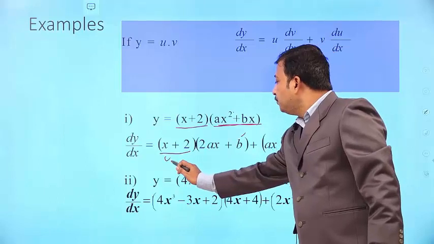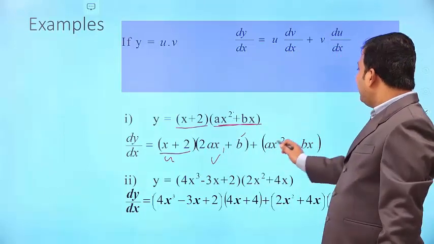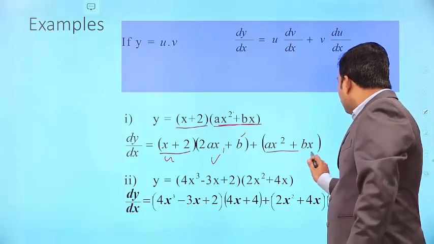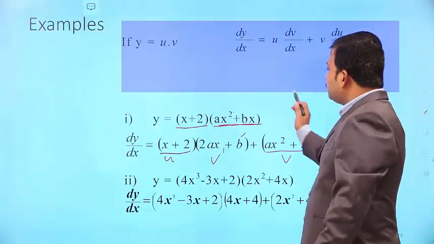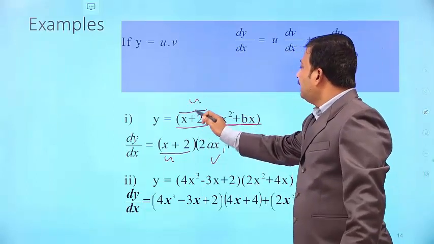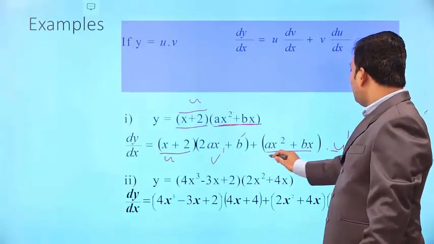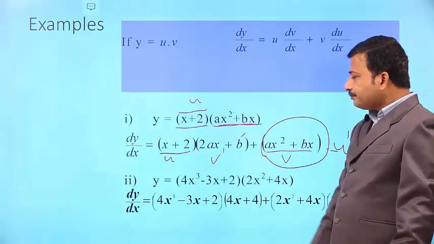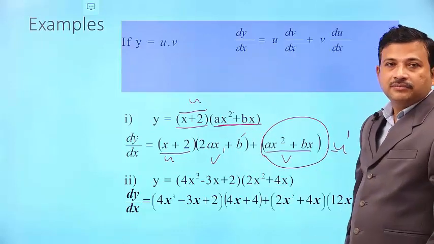So this is your u into v dash, plus (ax square plus bx), this is your v, and we need to write u dash. U dash means, this is your u, if you differentiate it, what will you get? x plus 2 derivative is 1. So that is where this term will come. So now if you simplify, obviously you will get the answer for it.